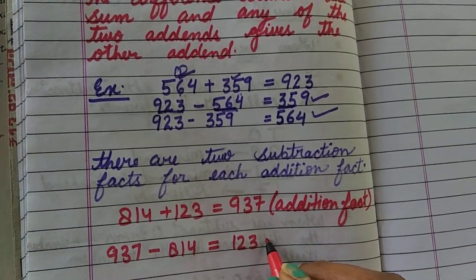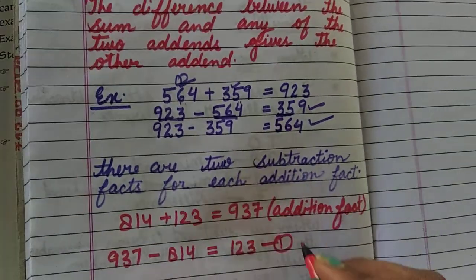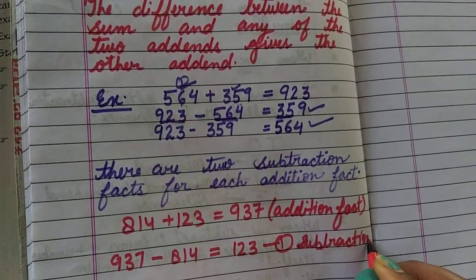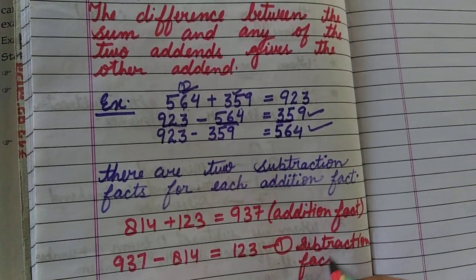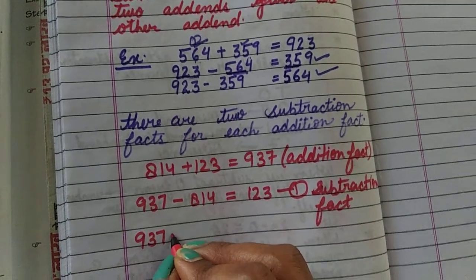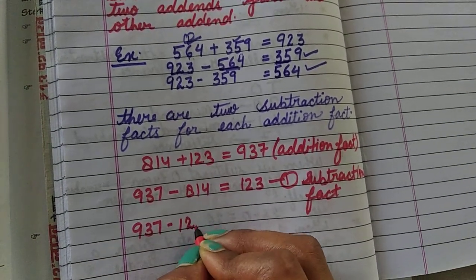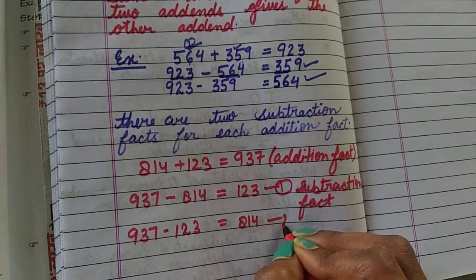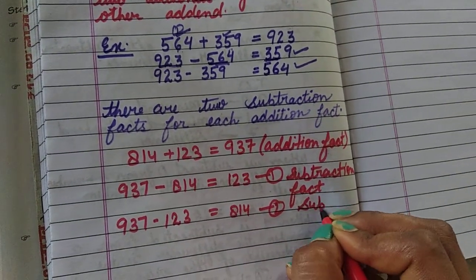So this is the first subtraction fact. As we write 937 minus 123, this is the second subtraction fact.